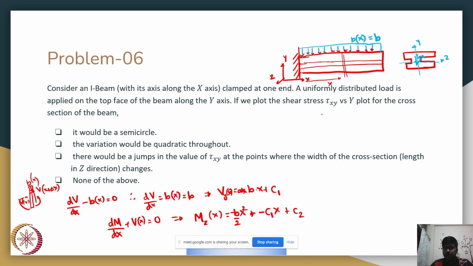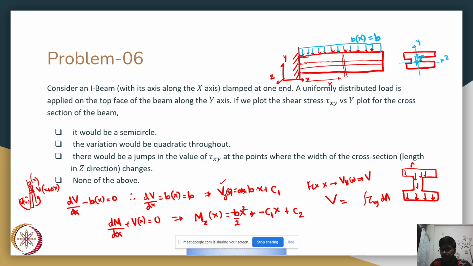So we are interested in tau xy, so we look only at v of y. If we fix x, then we'll just call our Vy of x to be some value V, and you'll have your tau xy acting here, and the overall summation of your tau xy multiplied by the area should be equal to V. So if we fix some x, your V becomes fixed.